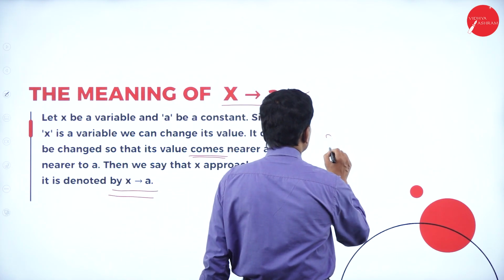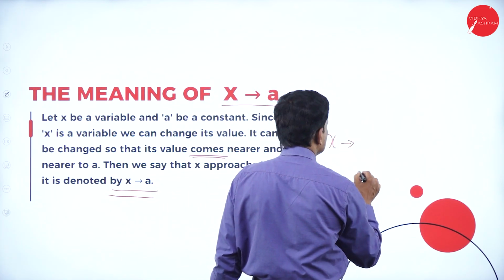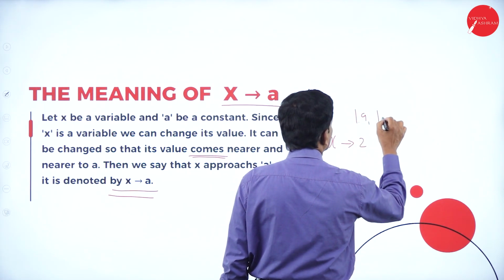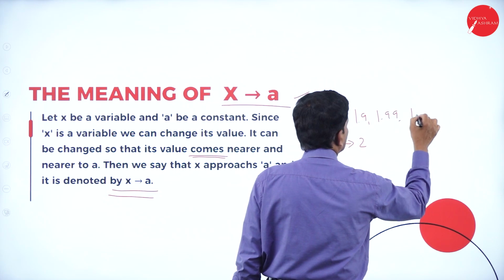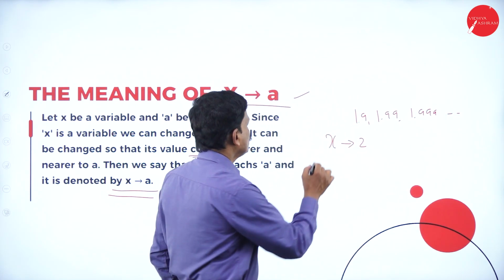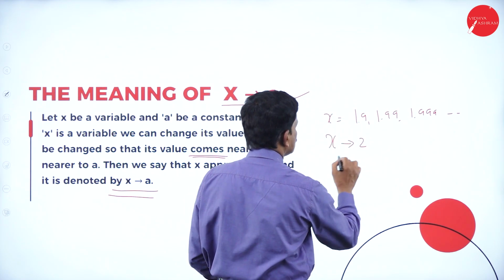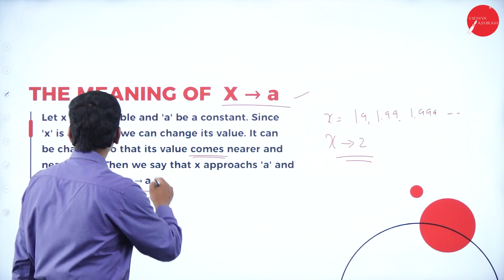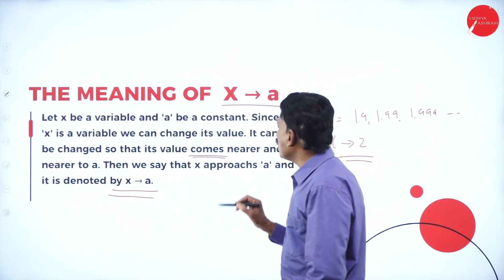For example, suppose it is equal to 1.9, 1.99, 1.999. So that means the value of x approaches a value which is nearly equal to 2. That is the meaning here. So x is a variable and a is a constant.